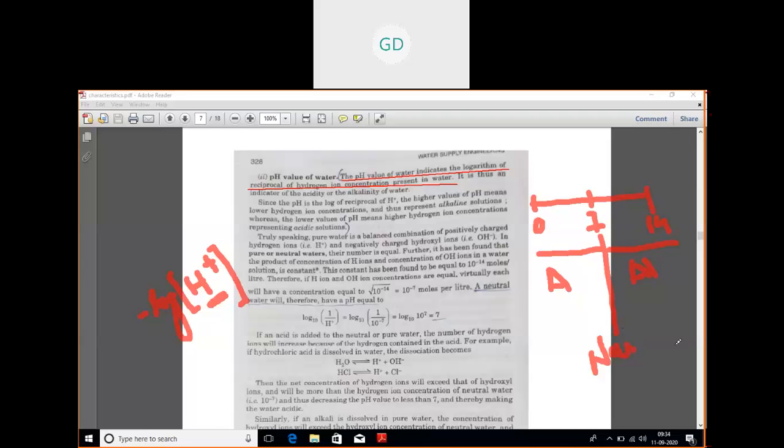Now there is a permissible limit for your drinking purposes. Every time now I say that we cannot drink acidic water, or we cannot drink basic or alkaline water. All we need is neutral pH value water.